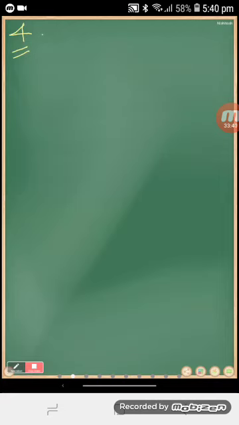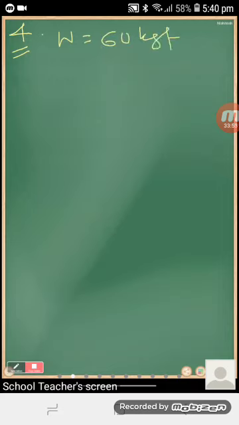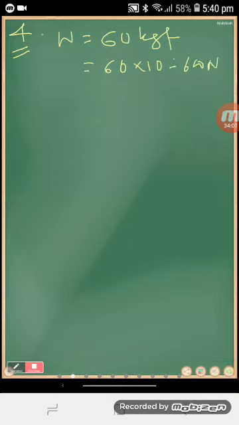The weight is given as 60 kgf. If we change it into Newton, this will be 60 into 10, which is 600 newtons. Clear? Now, the ski jumper jumps from a height of 75 meter to a height of 15 meter.